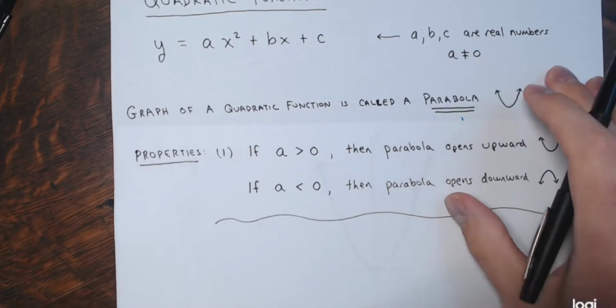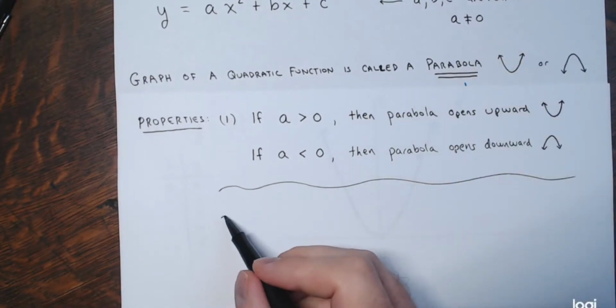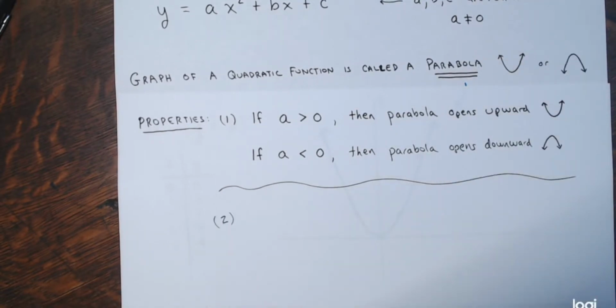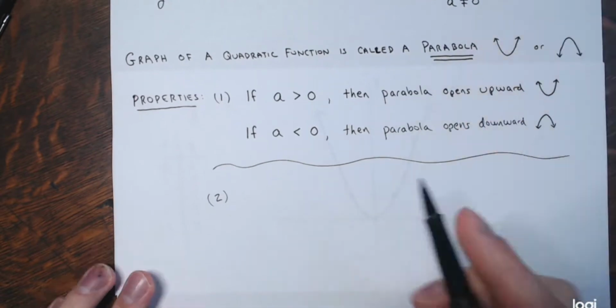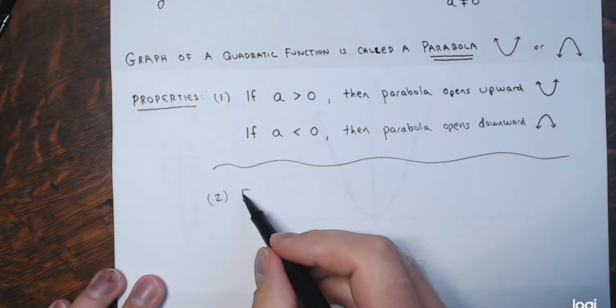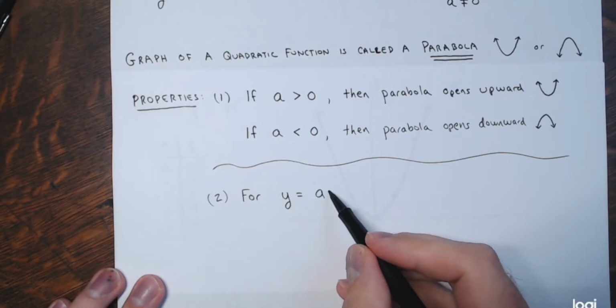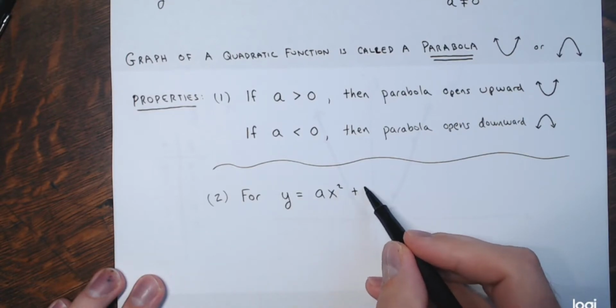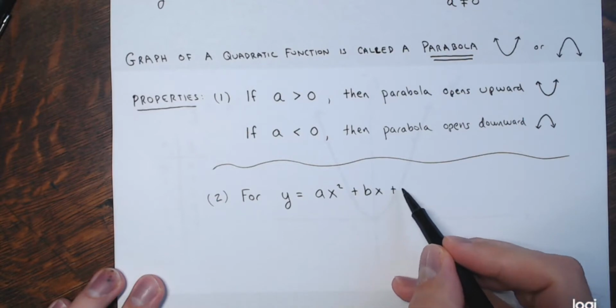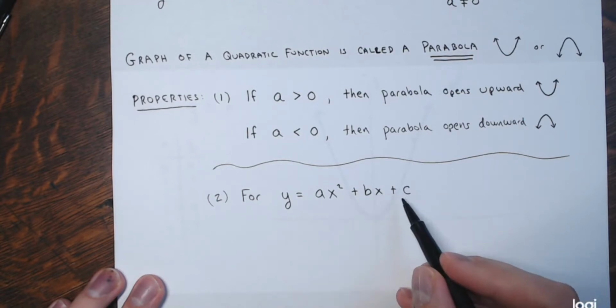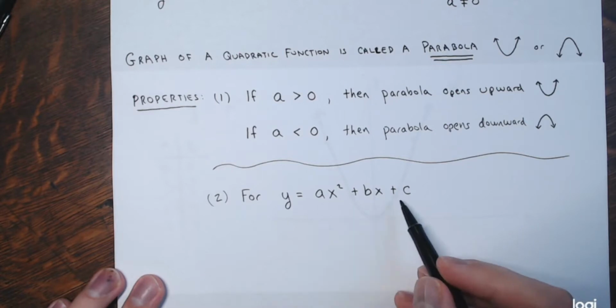Now, every single one of these parabolas has something called a vertex, and also an axis of symmetry. So again, we have, for y equals ax squared plus bx plus c, right? We got to start off looking like this. If it doesn't look like this, we'll make it look like this.